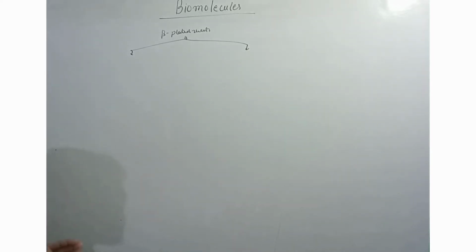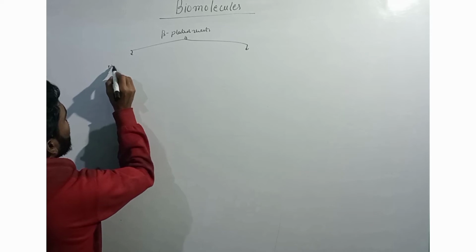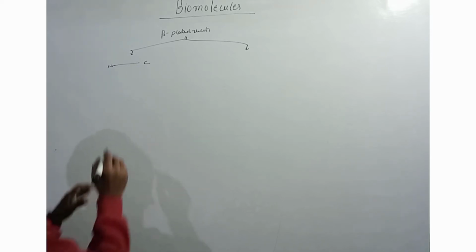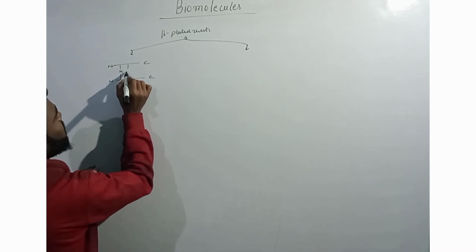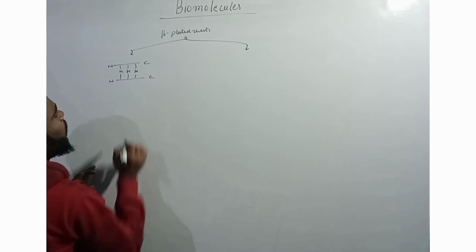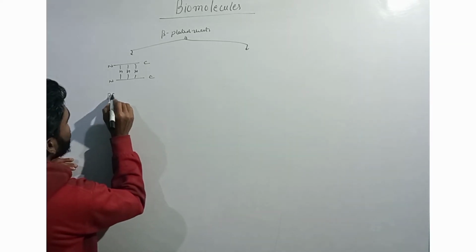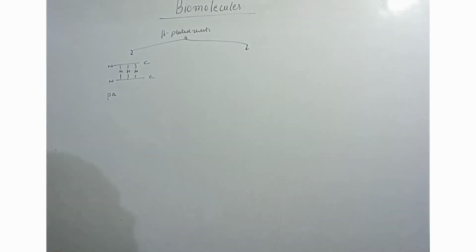First of all, if the two chains of primary structure are running side by side, that is N terminal to C terminal, and the sequence is the same, N terminal to C terminal, and hydrogen bonds stabilize this structure, then this kind of protein is called parallel beta pleated sheets.